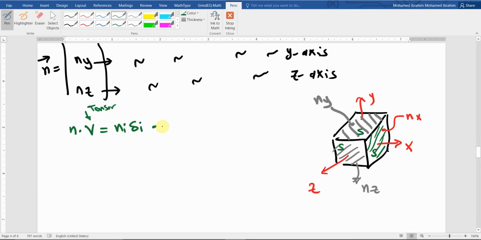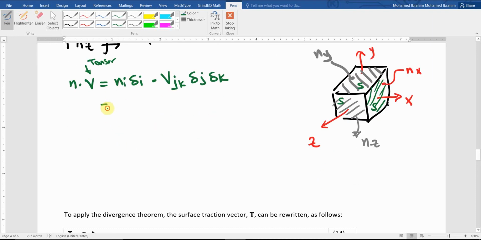Dot product with a tensor is going to give us, I'm sorry, we already used i, so we're going to use vjk delta j delta k. So this is going to end up with ni vjk, right? And delta i dot delta j gives delta ij, then delta k. Delta ij means that I can replace this one with ni, so we end up with ni vik delta k.